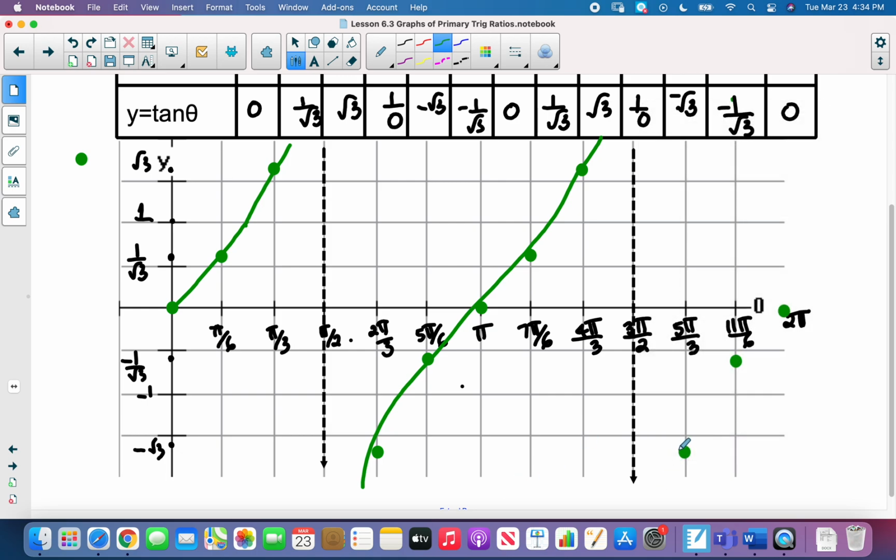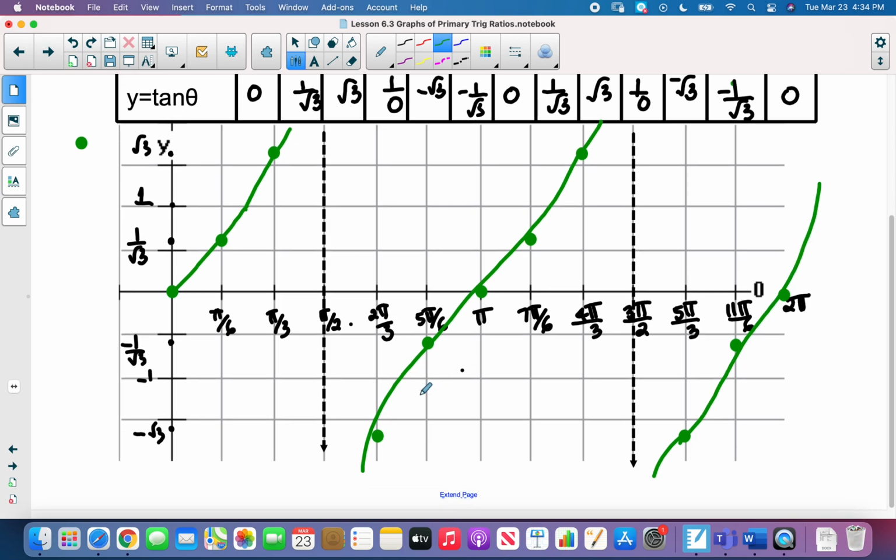Here also it's approaching this asymptote, going like that. Okay, so that is how the tan function looks. This asymptote is x equals pi over 2. This is x equals 3 pi over 2. Those are the equations of those vertical lines. And that is the tan function.